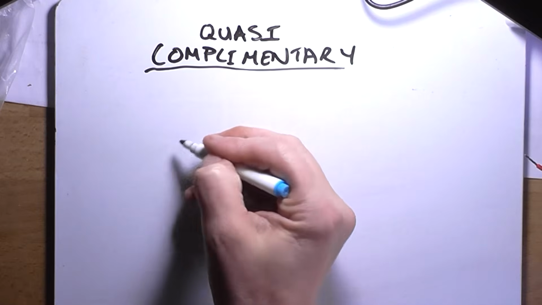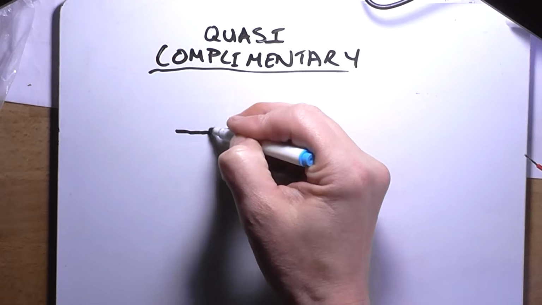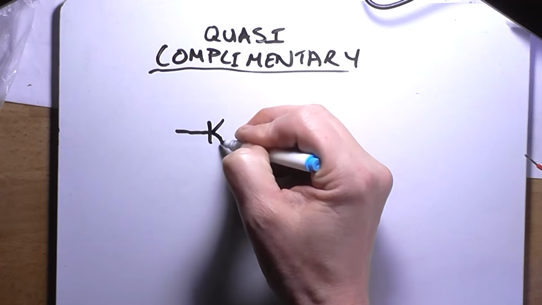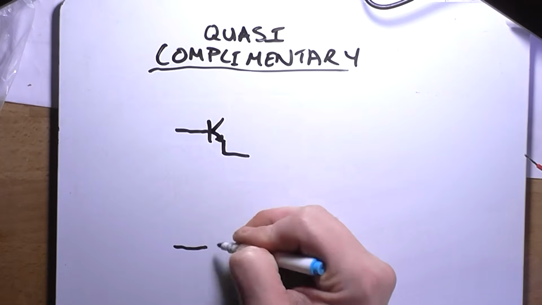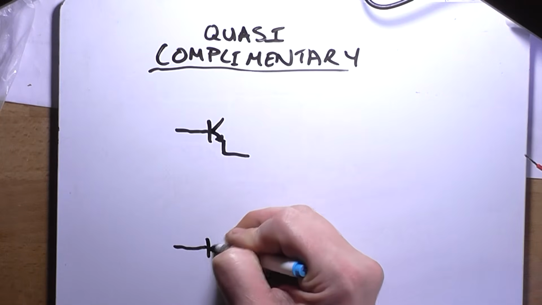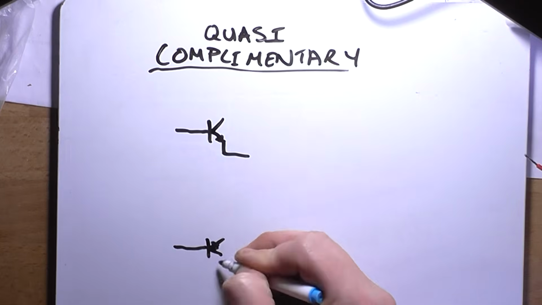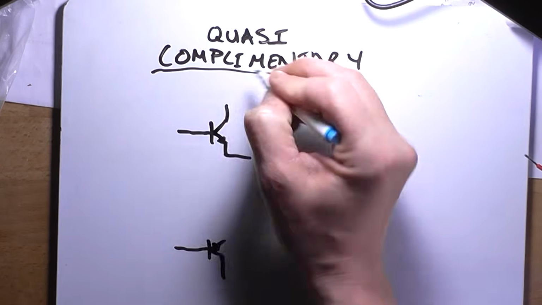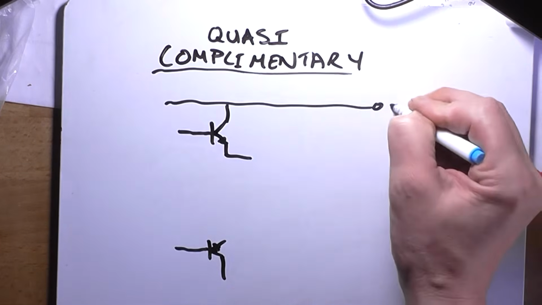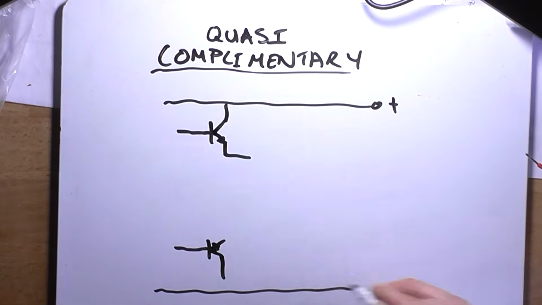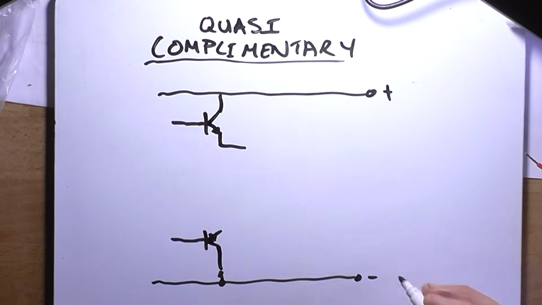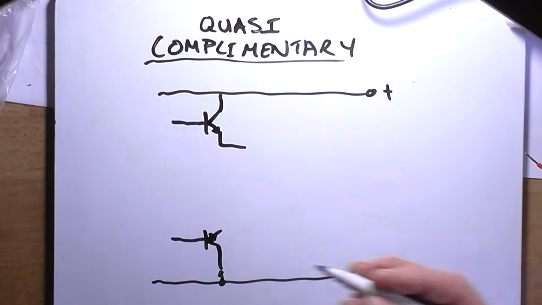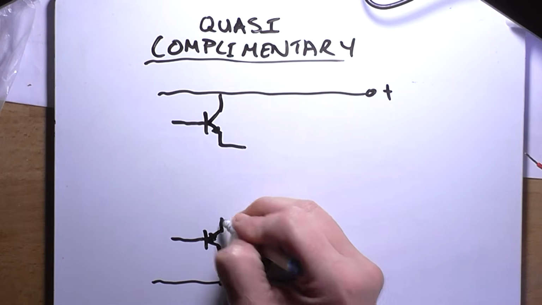With the quasi-complementary, we still have our NPN driver. We still have our PNP driver going between a positive rail and a negative rail, or common, depending on whether it's, again, a single supply or bipolar.